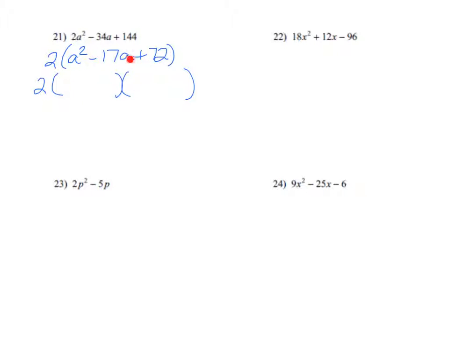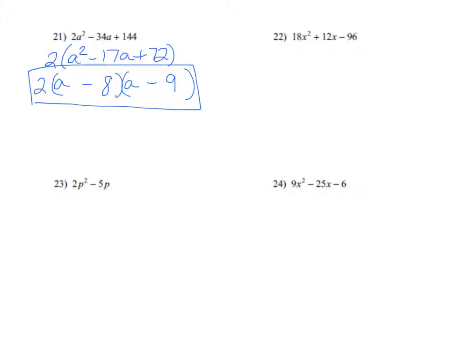So this is just like what we had done on the previous slide. So factors of 72 add up to a negative 17. Okay, so they have to multiply to 72. That's going to be my 8 and a 9, but I want it to be a negative 17, so I'll make them both be negatives. Got it. Okay, that one really wasn't too bad because I got the leading coefficient down to a 1.